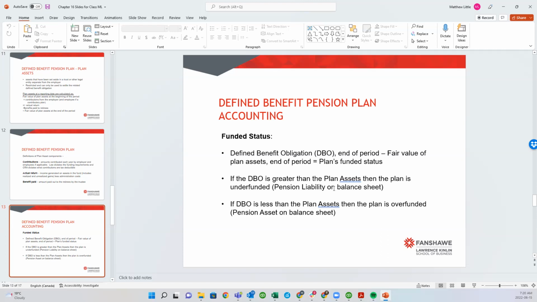If the obligation exceeds the plan assets, then you're underfunded, which means you don't have enough assets in the plan to cover the estimated obligation. And the opposite is true as well. Sometimes you might have more assets than your obligation, and therefore it's overfunded. You're always in a better position to be overfunded than under, but at the end of the day, you want to be as close to balance as possible.